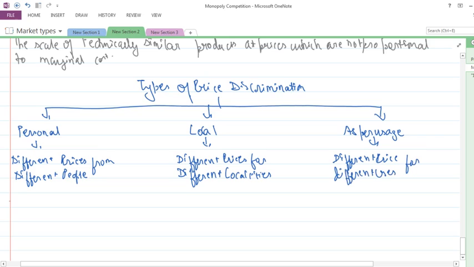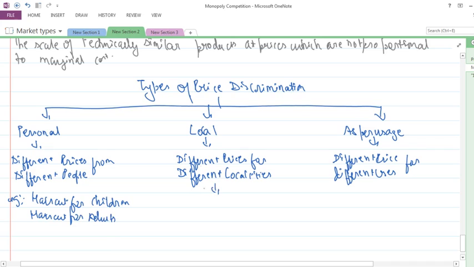So when, for example, a different price is charged from different people, like a haircut for children and a haircut for adults, both have different prices.